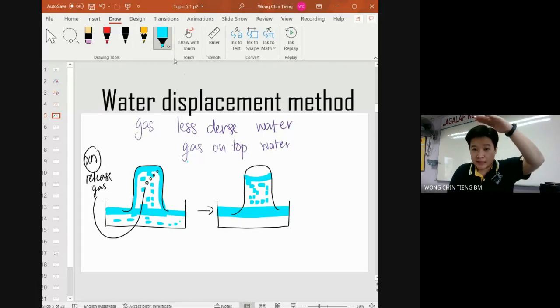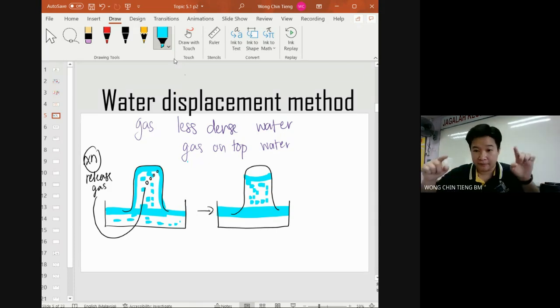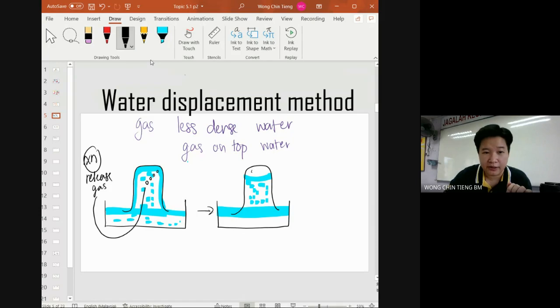Sebab air tu pergi mana? Dia akan turun ke bawah. Betul? Okay, dia akan turun. Nampak tak? Air dalam beaker akan turun, air kat bawah tu akan naik sikit. So the water is going down, going out to the container out there. Agree with that? Okay. And this is where your gas located. Your gas collected, sorry. Okay, that is where your gas collected.